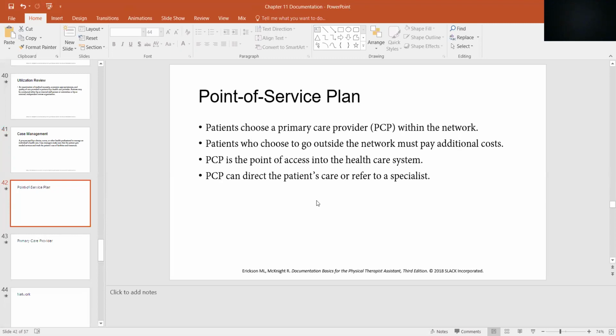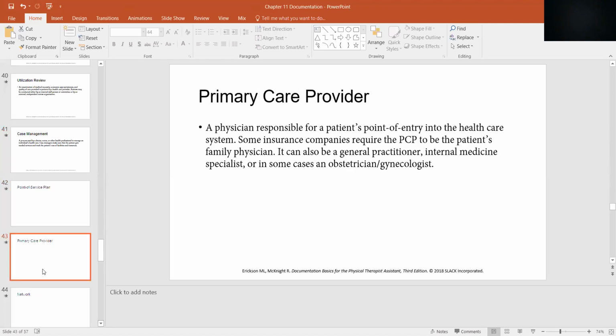And this is where you get into reimbursement for physical therapy too. Nebraska is a direct access state, but for a lot of our plans, we have to go through a doctor and get that doctor's prescription or referral in order for them to pay for the services of therapy. And then the PCP can direct the patient's care or refer to a specialist, like I just explained.